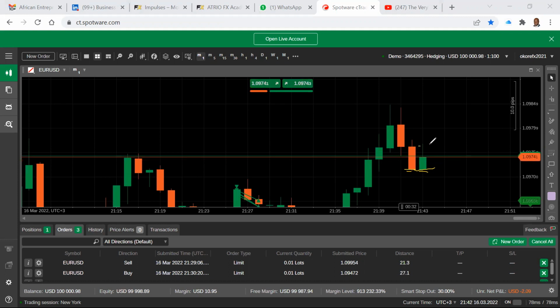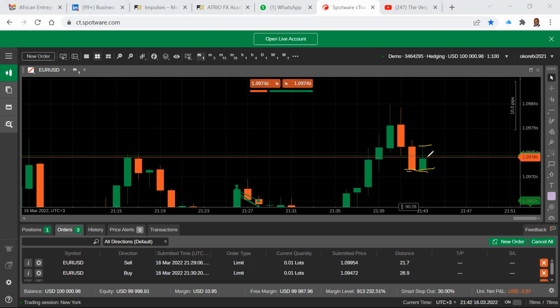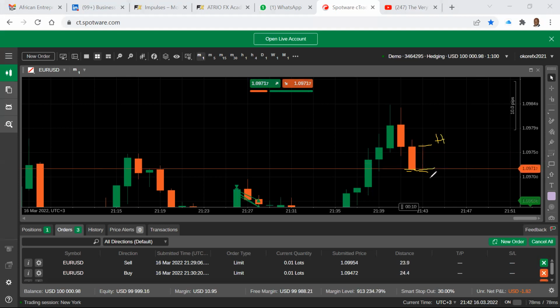That's the high, but it has not closed. If it's going to go up, it will close somewhere. If it's going to go down, it will find another low and close somewhere. But so far, we only know this is the high. I think there was an open somewhere there. Sometimes the open price or the closed price can also be the lowest or the highest.